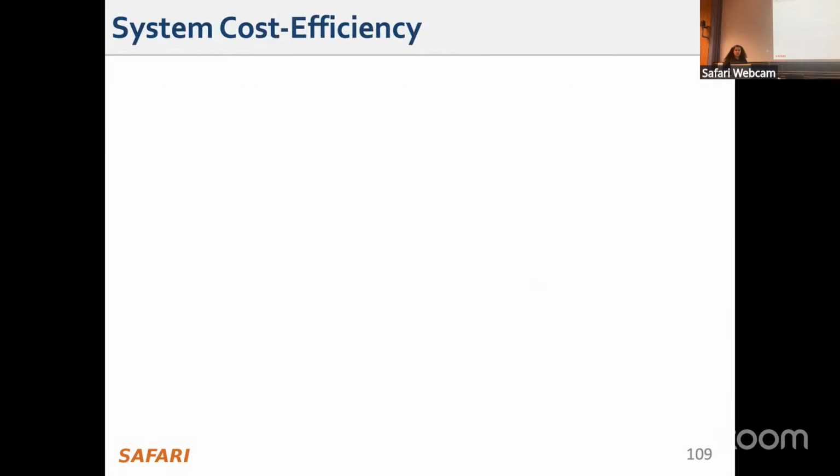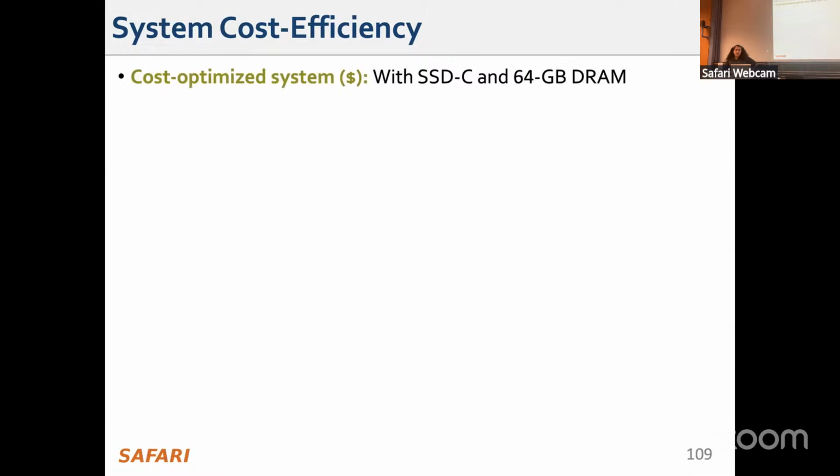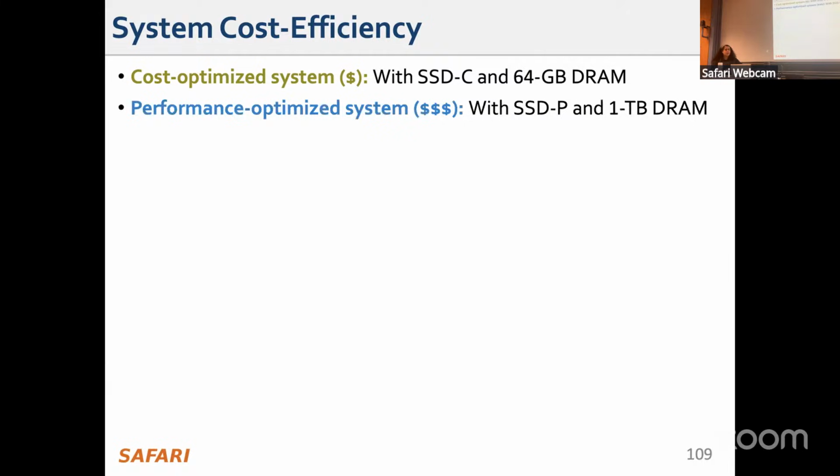Okay, so it seems like I only kept this result, anyway, my favorite result. I'm going to evaluate these baselines in two different types of system. One is a cost-optimized system with a lower-bandwidth cost-optimized SSD and 64 gigabytes of DRAM. And the other one is a performance-optimized system with a performance-optimized SSD with higher bandwidth and 1 terabyte of DRAM.